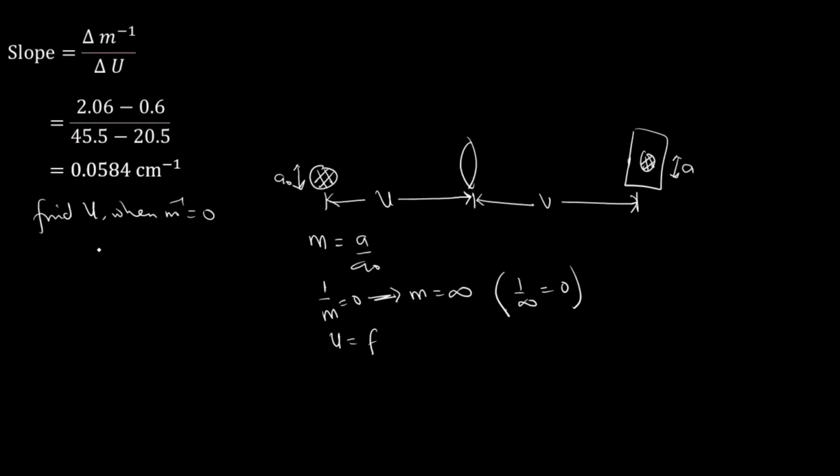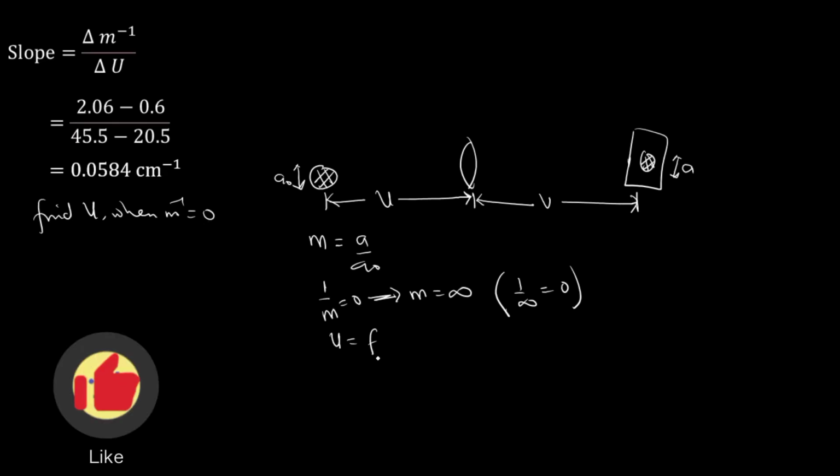It therefore implies that the value of u that we obtain when m inverse is 0 is the focal length of the lens. So the significance of u when m inverse is 0 is that u at that point is the focal length of the lens.